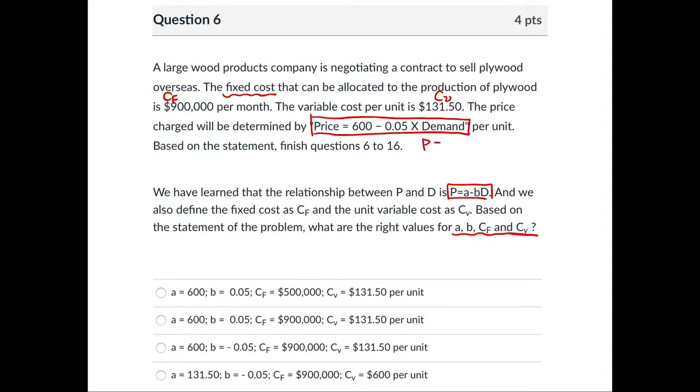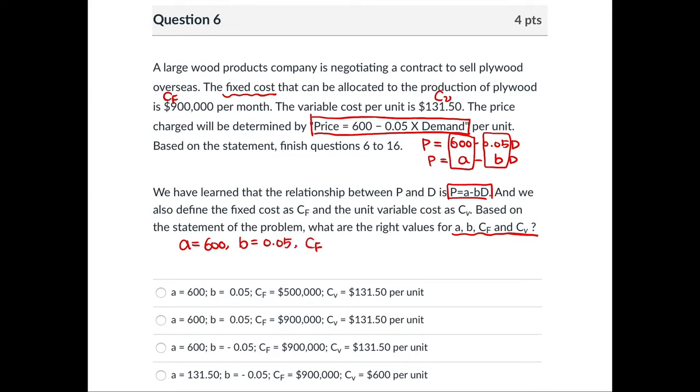Okay, so if you write this given relationship as P equals 600 minus 0.05 D, and compare that with P equals A minus B D, you can see that your A is 600, your B is 0.05, no negative sign.